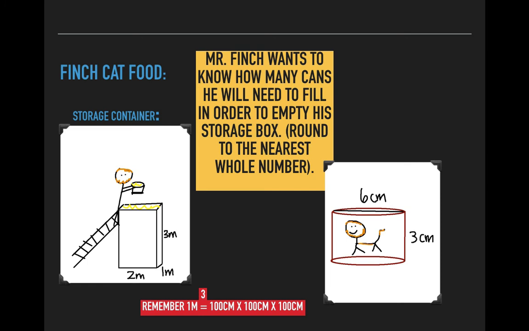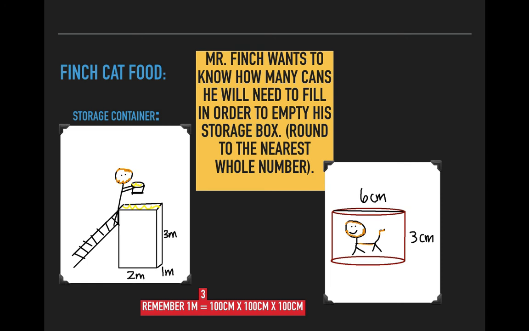We have already established that 1 meter cubed is equal to 1 million centimeters cubed. That's 6 zeros, Denny, in case you're wondering. Therefore, 6 meters cubed is equal to 6 million centimeters cubed.